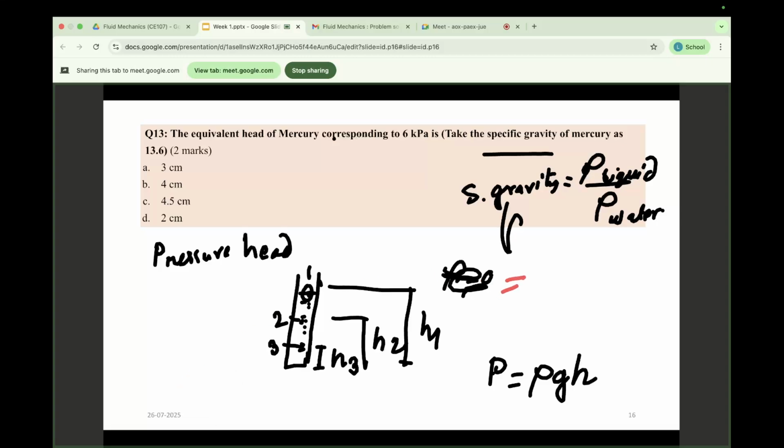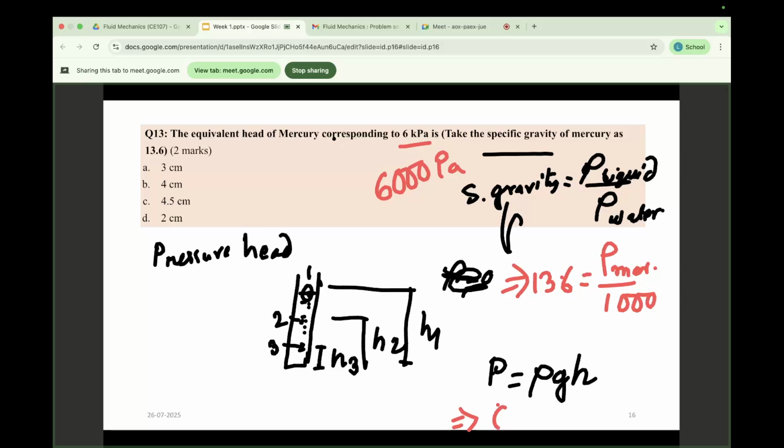So specific gravity for mercury is already given as 13.6. That means density of mercury divided by the density of water, which is 1000. The pressure given is 6 kilopascal, that means 6000 Pascal.